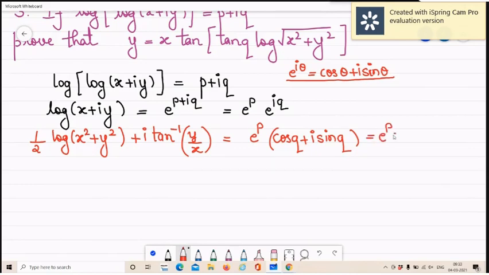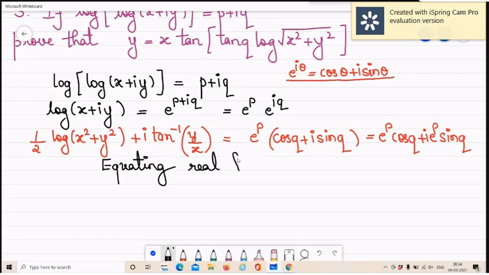So e raised to p into cos q plus i into e raised to p into sin q. Once I am done with this part, again what are we going to do? We are equating the real and imaginary part.